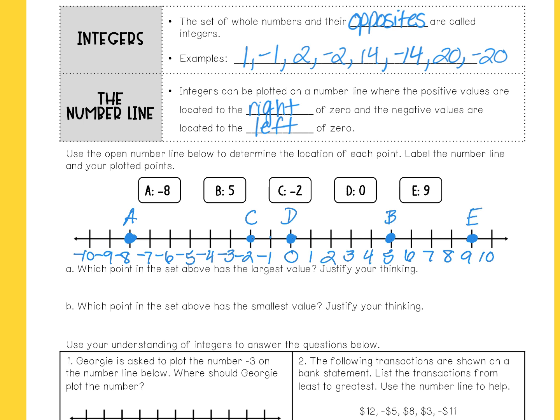Okay. Question A says, which point in the set above has the largest value? And we need to justify our thinking. So when looking at all of these dots here, my letter E, which equals +9, is my largest value, because it's the farthest to the right.